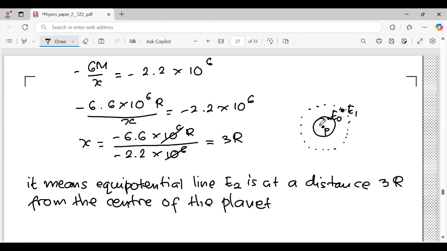The distance from the center P to E1 is 3 half R, or 3R half, and there is E2 here.